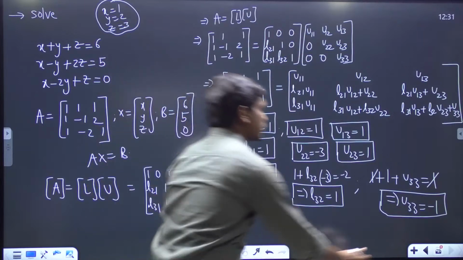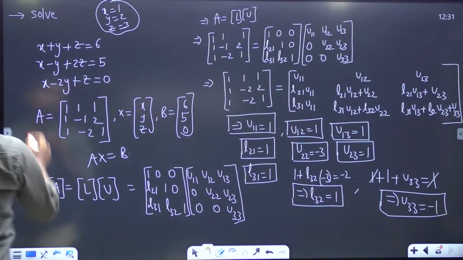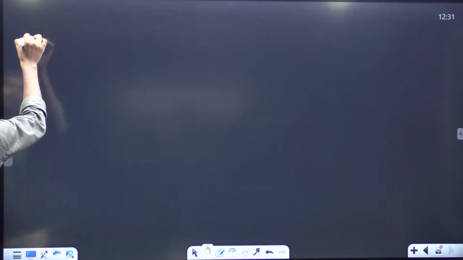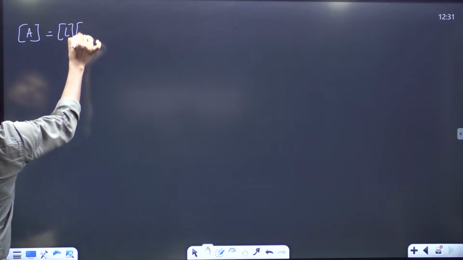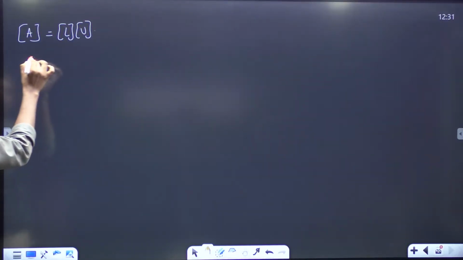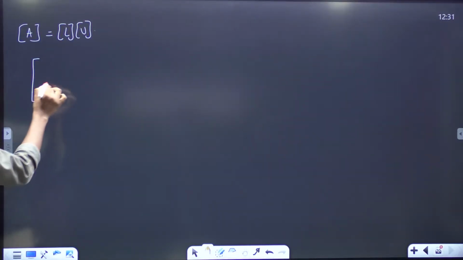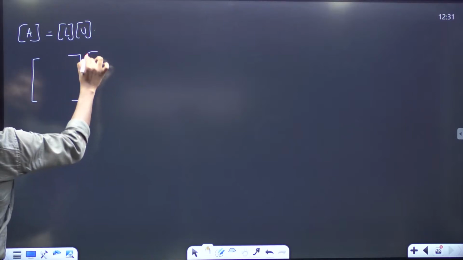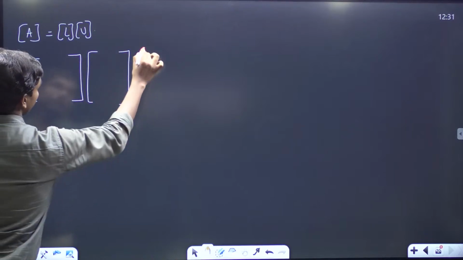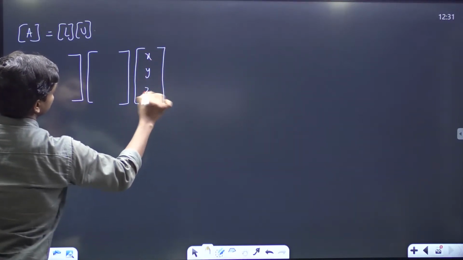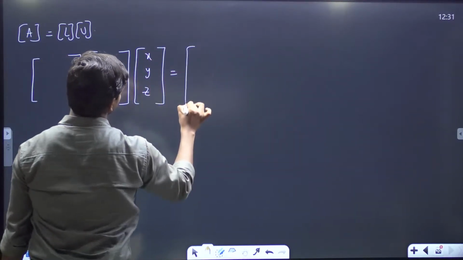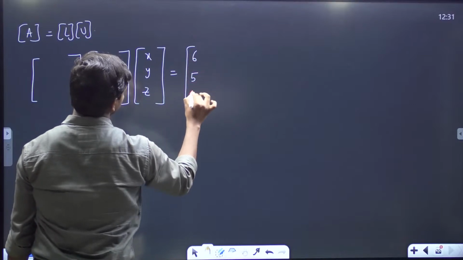So let us form the matrices now. A is equal to LU, and we have L into U into X is equal to B, 6 5 0.